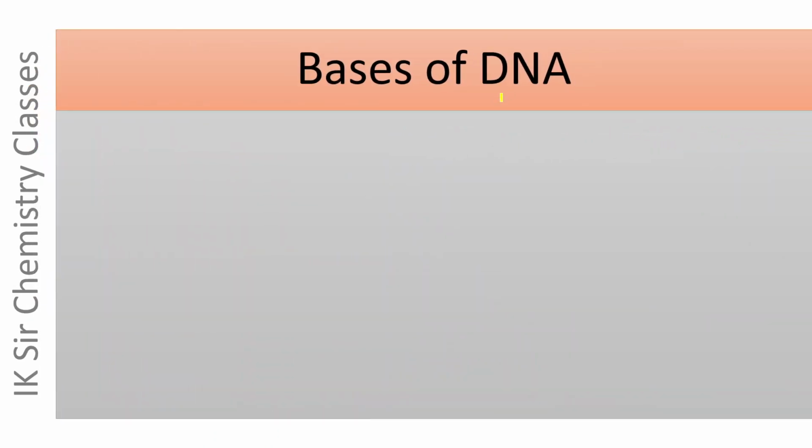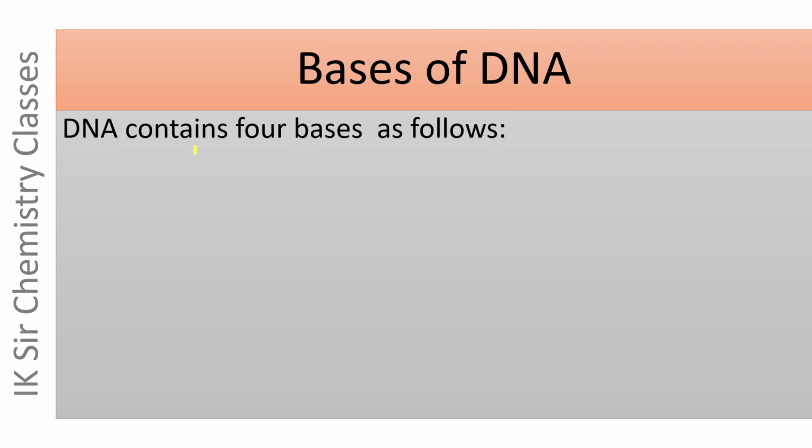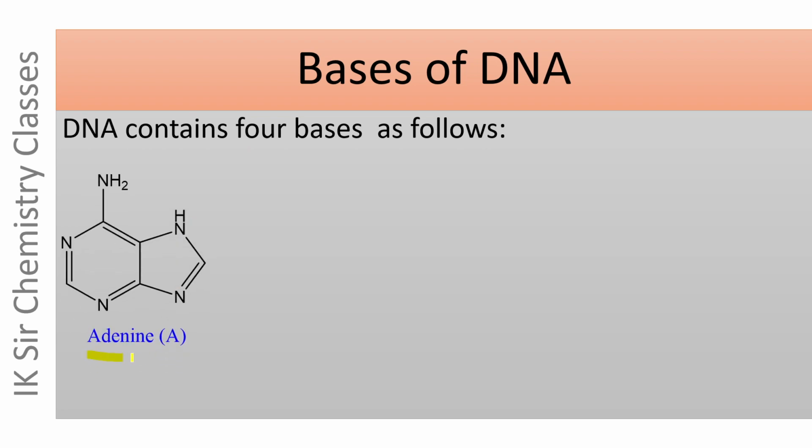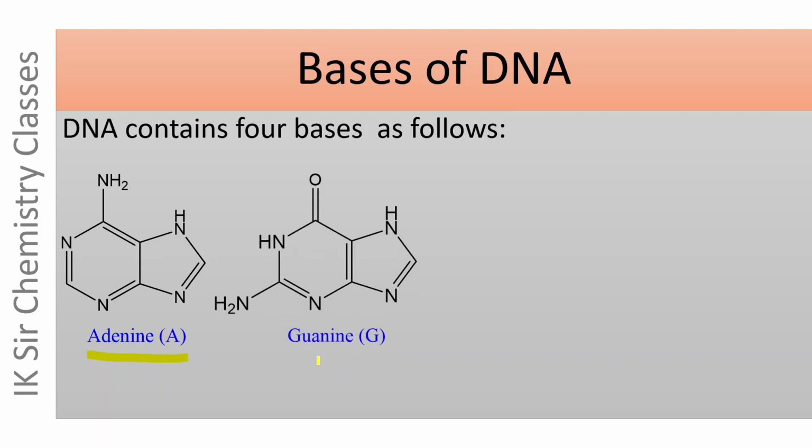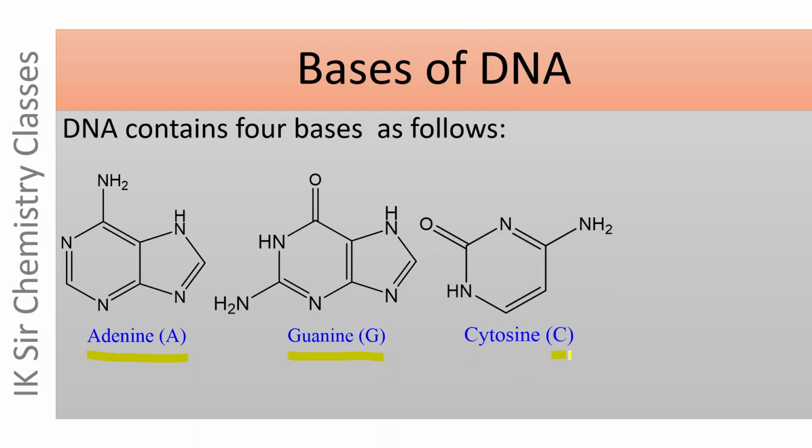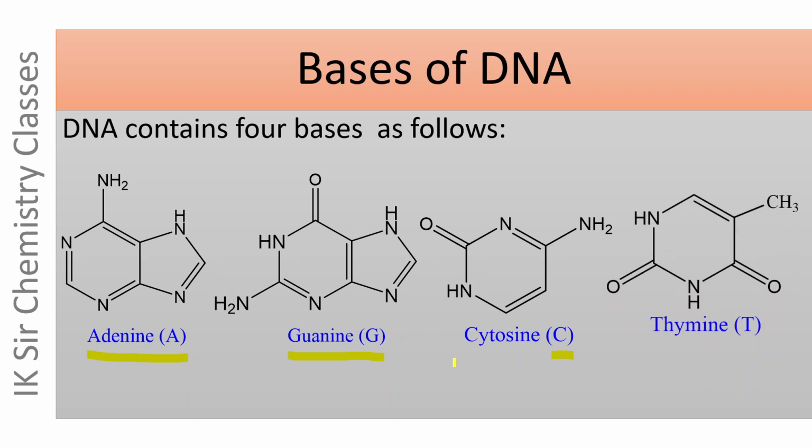Bases of DNA. DNA contains 4 bases as follows. Adenine, it is abbreviated as A. Guanine, it is abbreviated as G. Cytosine, it is abbreviated as C. And thymine.